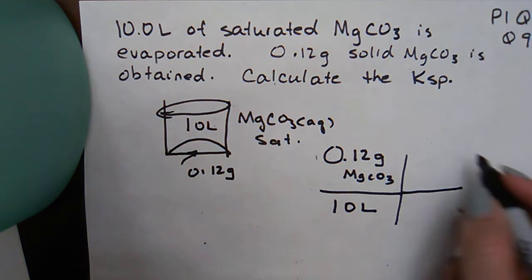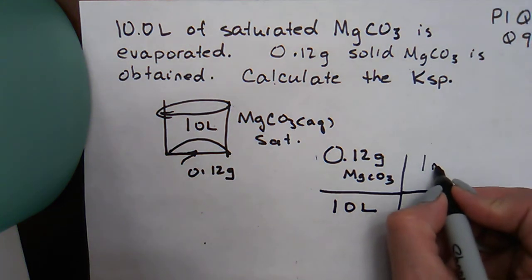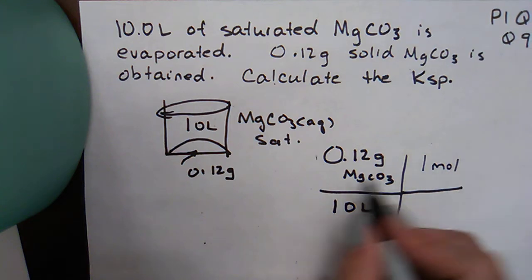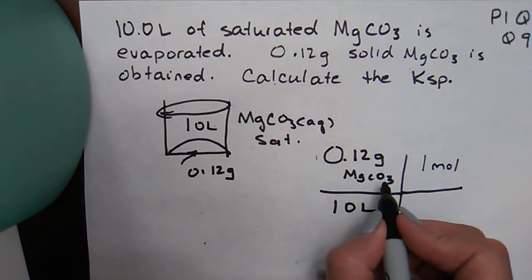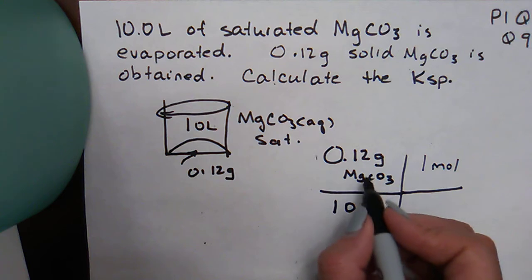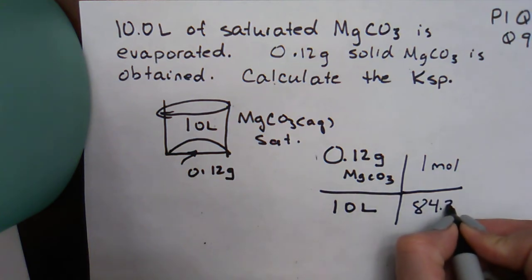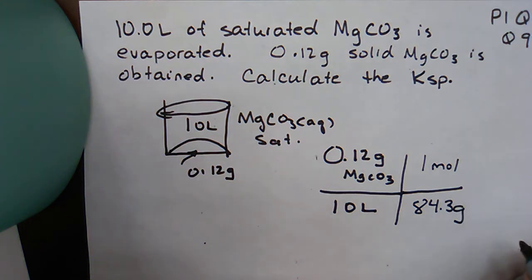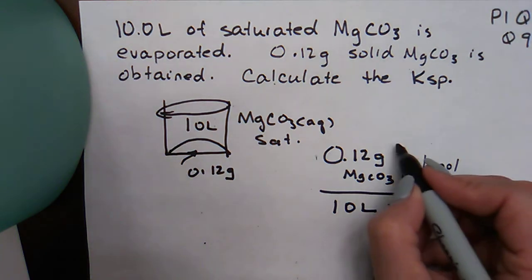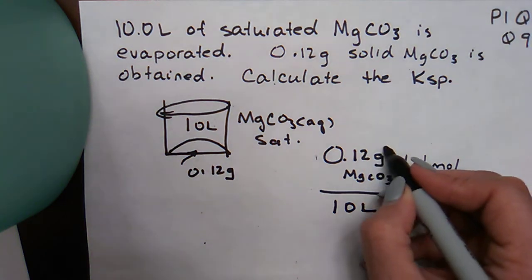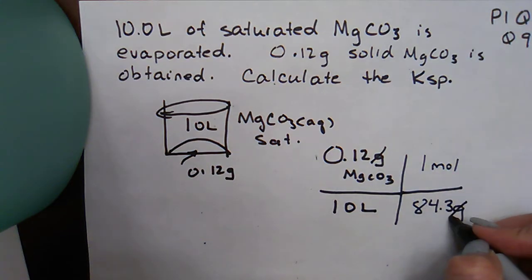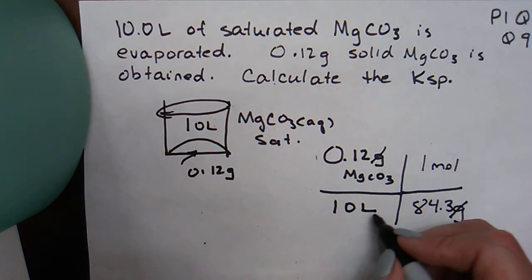And I know that every 1 mole of magnesium carbonate, if I add up a magnesium, a carbon, and 3 oxygens, their masses off the periodic table, weighs 84.3 grams. So we now have a factor label. Grams on the top cancels grams on the bottom, and we're going to be left with moles over liter.